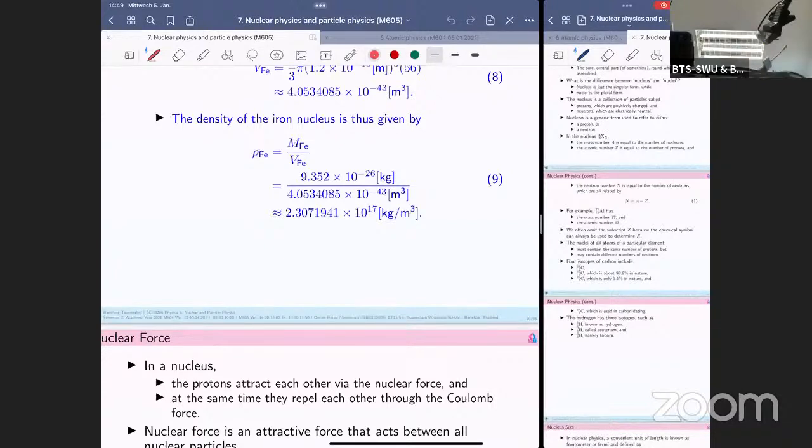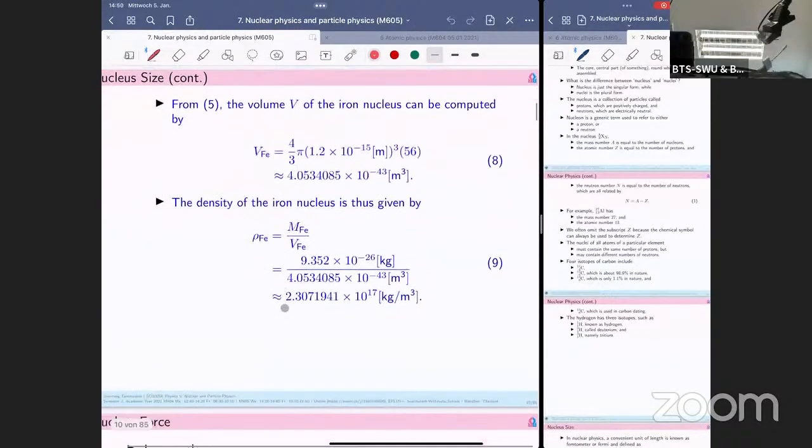But this one, my God, is extremely dense. 10 to 14 more dense than water, right? It's extremely dense, and that's why the nucleus is very, very strong.